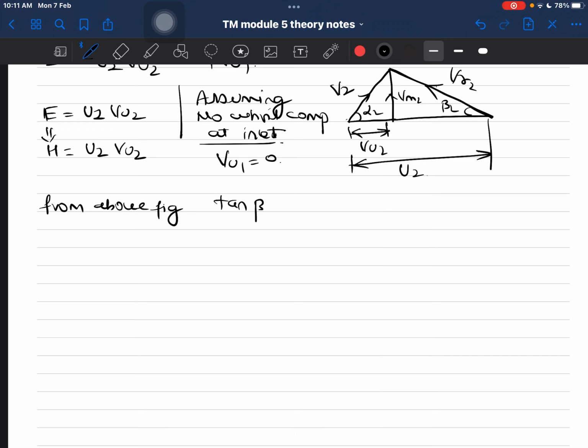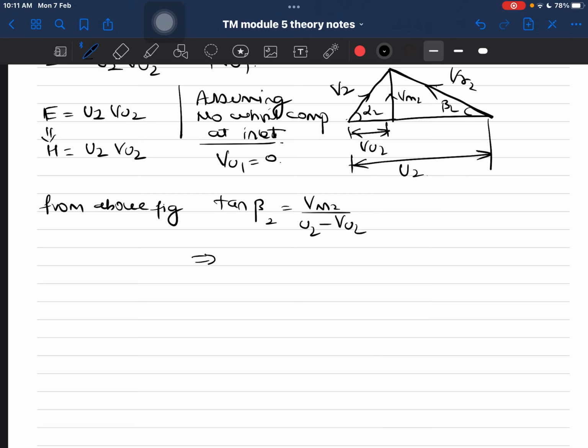So from the above figure, tan beta 2 is what? Opposite by adjacent. Opposite is Vm2, whereas the adjacent is U2 minus Vu2.